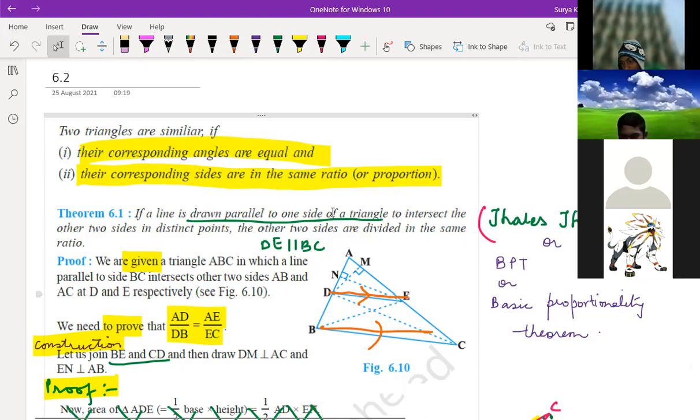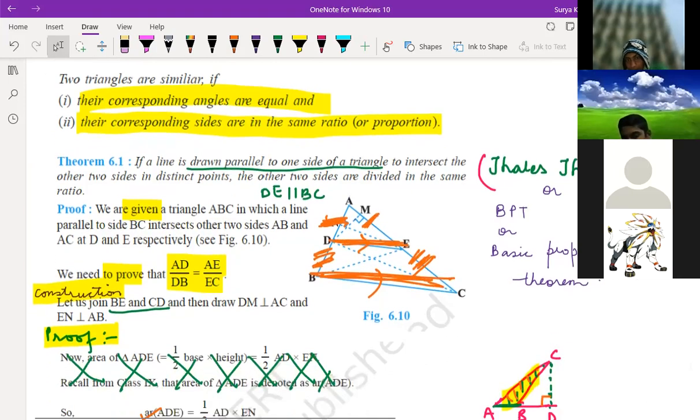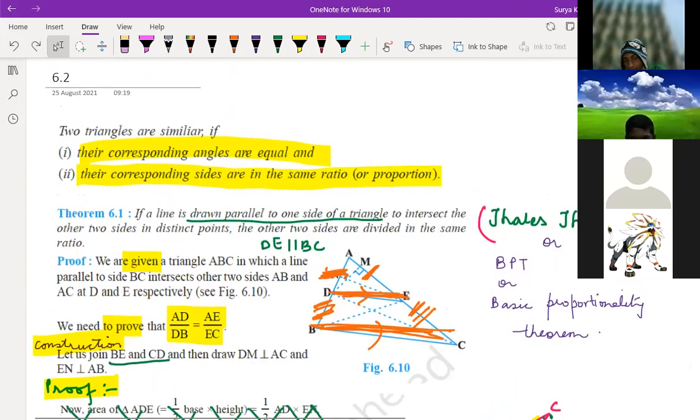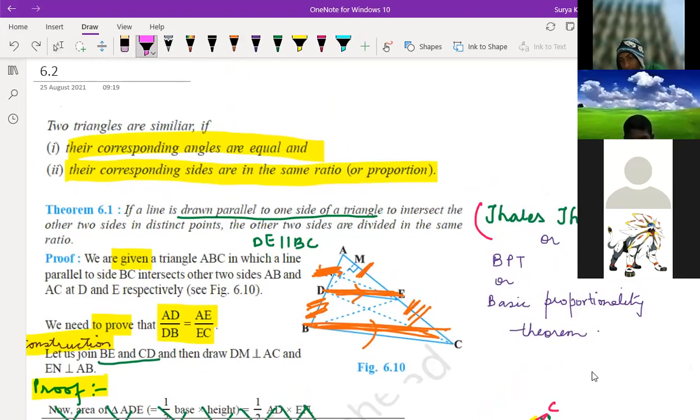It means AD by DB should be equal to AE by EC. We have to prove AD by DB is equal to AE by EC. If DE is parallel to BC, the other two sides are also divided in the same ratio.